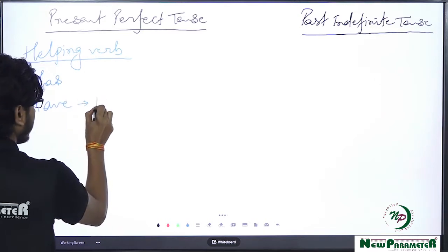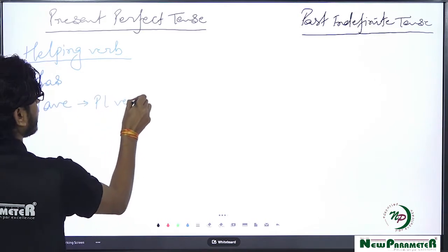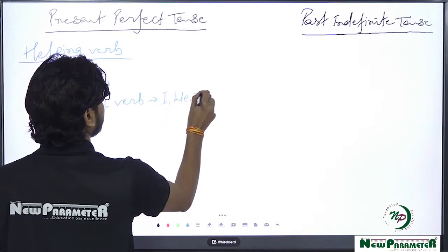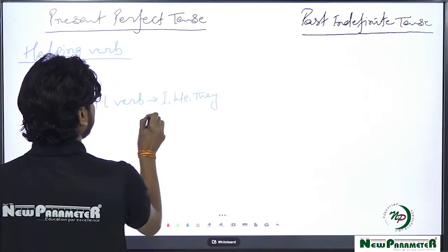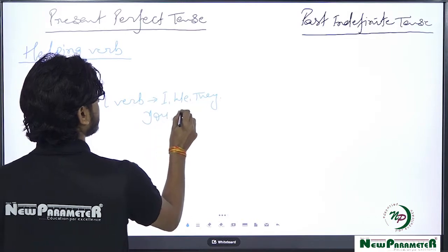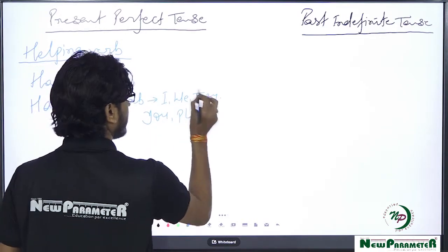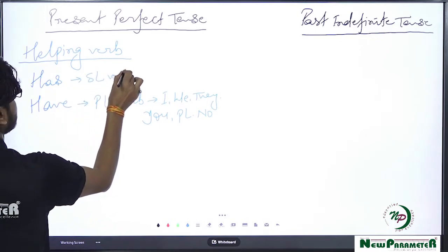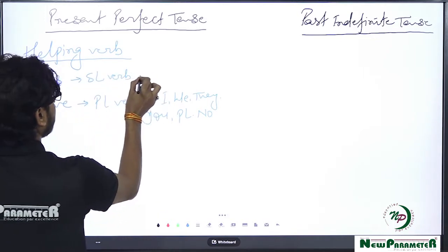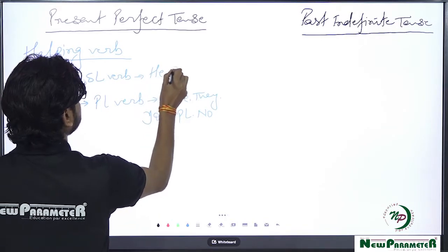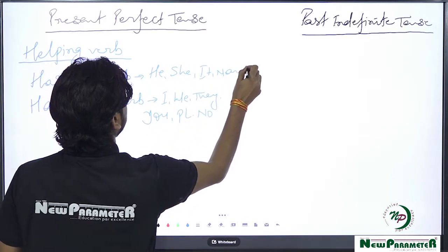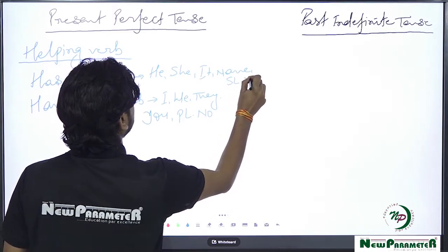Have is basically a plural verb and we use it with I, we, they, you and a plural number. And has is a singular verb, so we use it with he, she, it, name and a singular number.